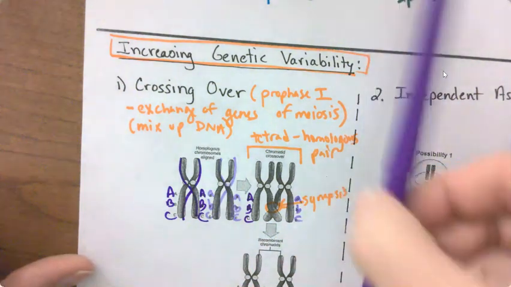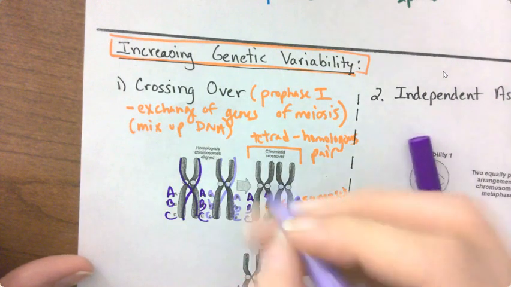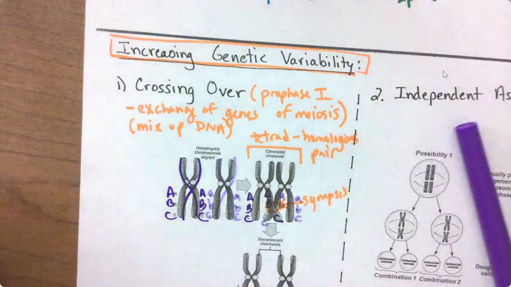Right? And so like we have big A, big B, and C, little a, little b, and c, and you can actually see this exchange down here, right?